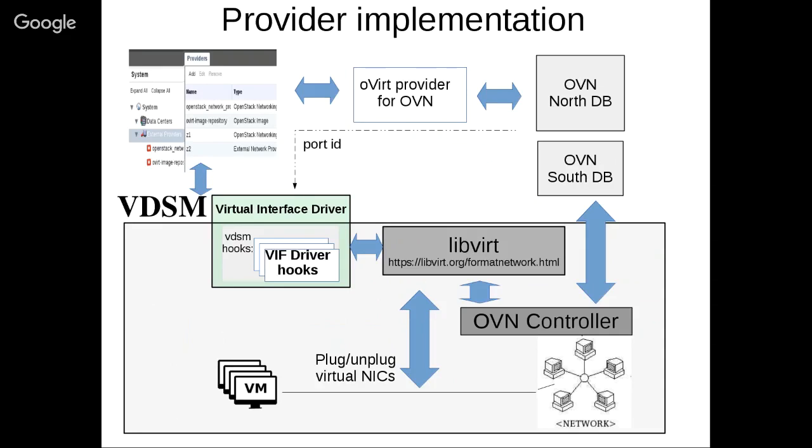The provider is a proxy between oVirt engine and the OVN Northbound DB, which contains the logical view of the OVN network. All requests to the provider are translated into OVN database queries or updates.